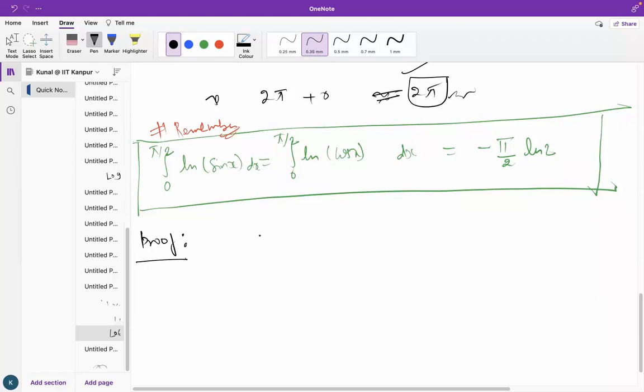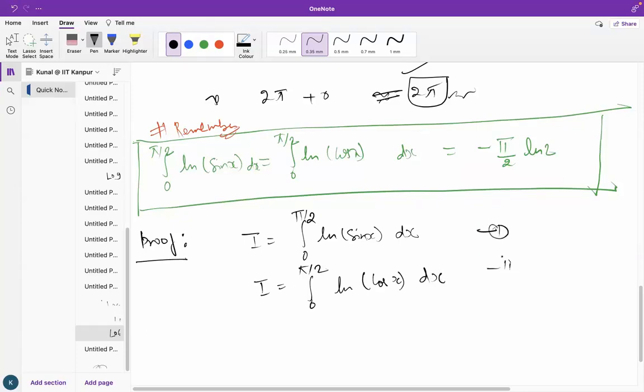So our I is equal to the integral from 0 to pi by 2, and our integrand is ln of sin x dx, which is also equal to the integral from 0 to pi by 2 of ln of cos x dx. So just write it. Okay, and this is our equation number 1, this is our equation number 2.